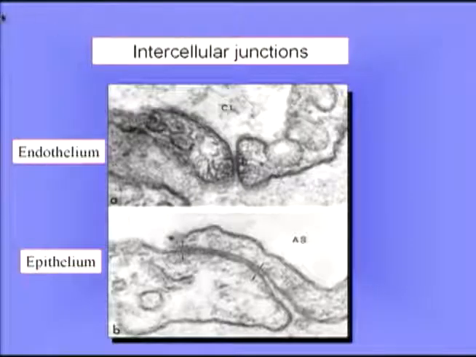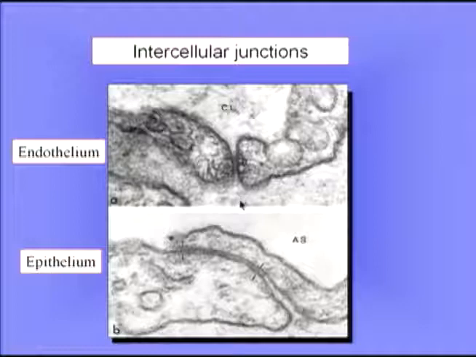Now, the reason why the functions of these two layers are so different perhaps can be illustrated if we look at the intercellular junctions of the two layers. Here we see an intercellular junction of the capillary endothelium, and you can see that it's made of two cells just butted together. And it's easy to imagine that materials can move fairly easily from the capillary lumen into the interstitium here.